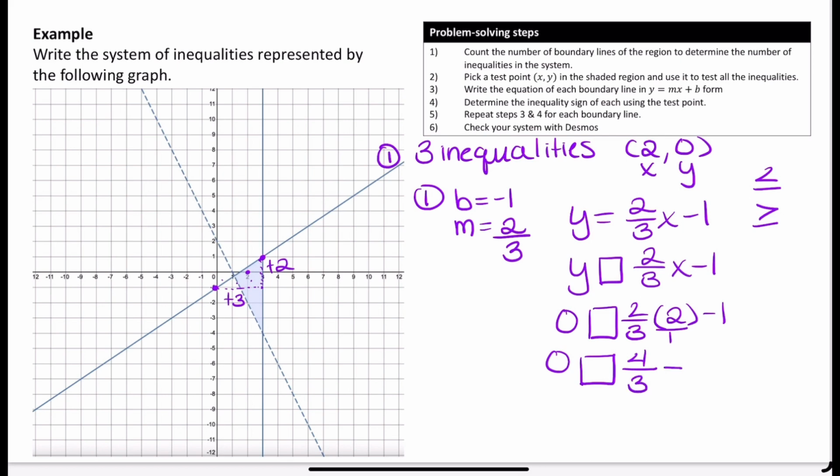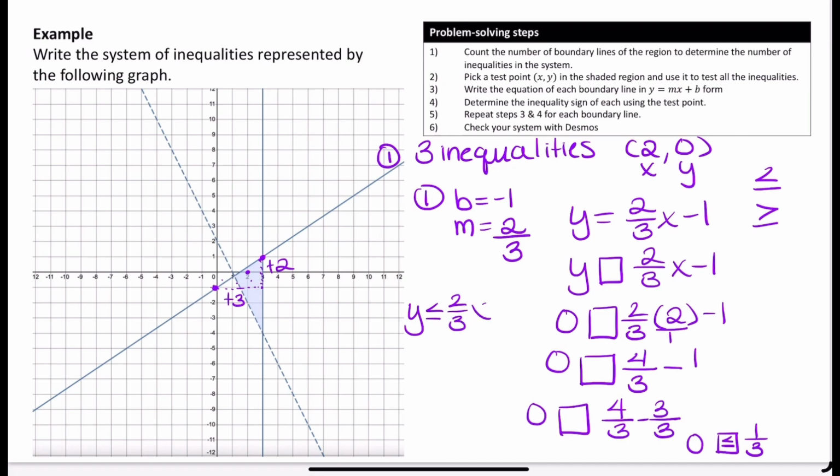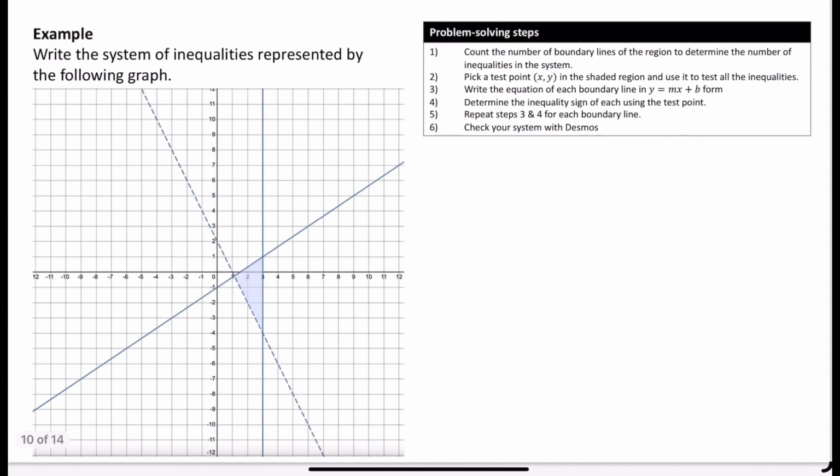So 4/3 minus 1, and so remember, that's going to be 0 and then something like 4 over 3 minus 3 over 3, which means that we have 0 and then something and then 1/3. Okay, so 0 is less than 1/3, so we know we're going to have 0 is less than or equal to 1/3. Okay, so this is going to be the inequality y is less than or equal to 2/3 x minus 1. So now let's go ahead and figure out the second inequality.